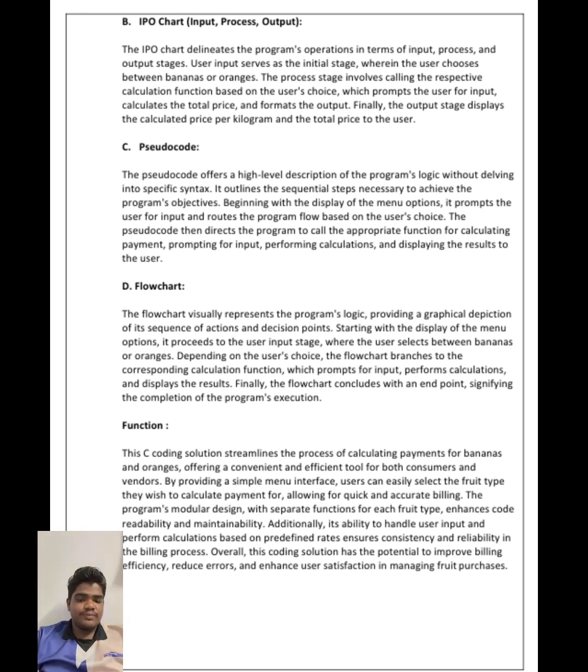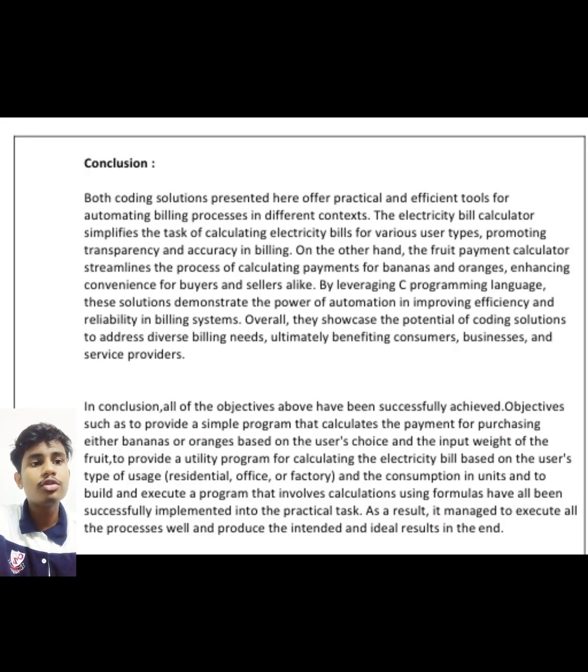Both coding solutions presented here offer practical and efficient tools for automating the billing process in different contexts. The electricity bill calculator simplifies the task of calculating electricity bills for various user types, promoting transparency and accuracy in billing. On the other hand, the fruit payment calculator streamlines the process of calculating payments for bananas and oranges, enhancing the convenience of buyers and sellers alike.